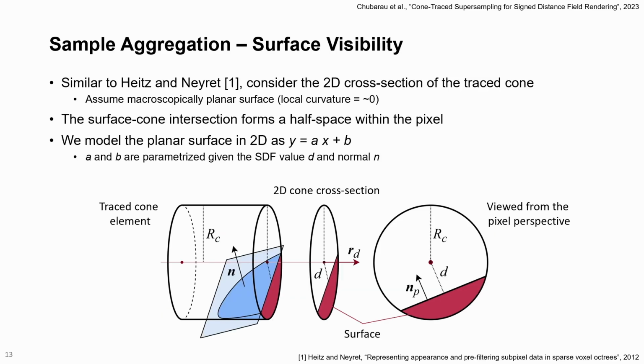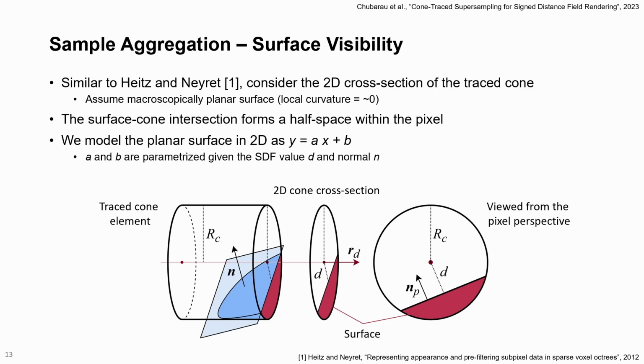So to achieve this, we model the local visibility of a given surface over the 2D cross-section of the traced cone, and we do this from the perspective of the current pixel, as was done in prior work with differential cone tracing. But we assume that the macroscopic surface is locally planar, which means that the surface, when viewed through the pixel, is basically a plane. It's valid for most geometry that's larger than a pixel, but obviously for small geometry, that's a limitation of our method.